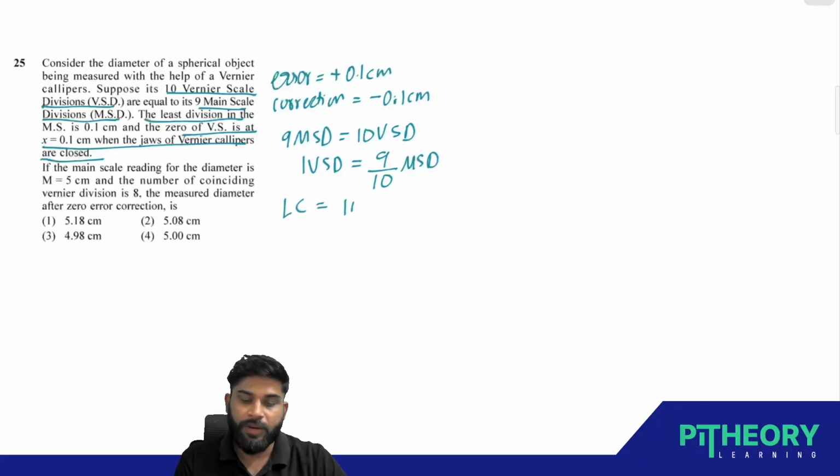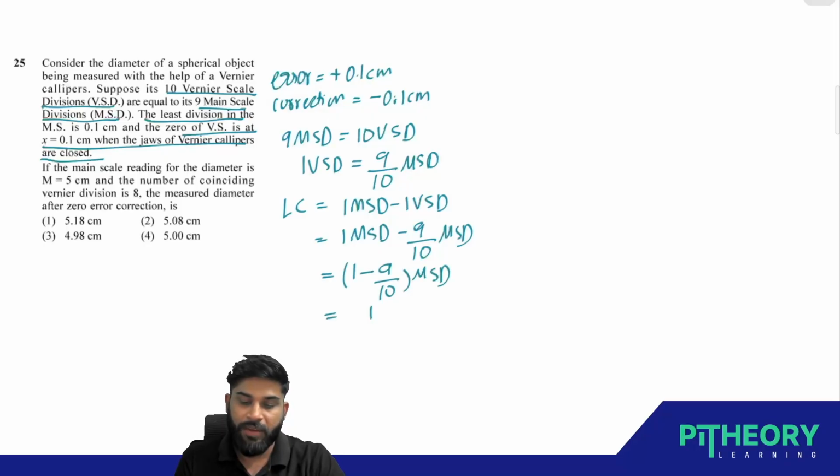Least count is nothing but 1 MSD minus 1 VSD for a vernier calipers. So 1 MSD minus 1 VSD is nothing but 1 minus 9 by 10 of main scale division. So you'll be getting 10 minus 9, 1 by 10 MSD.